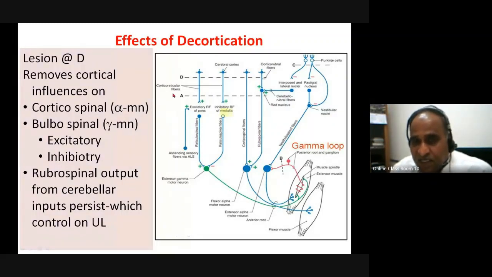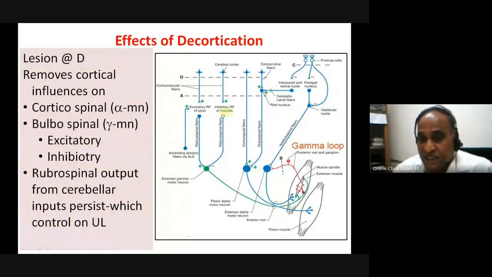So if you are looking at decerebration, this is not there. The red nucleus is not working, so the upper limbs are in a flexed state. Now come back here. What happens? The vestibular nuclei and the cerebellar inputs to the vestibular nuclei are not hampered. Overall, intrafusal fiber activity in turn increases the muscle tone.